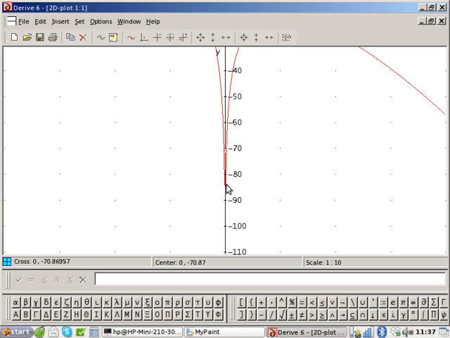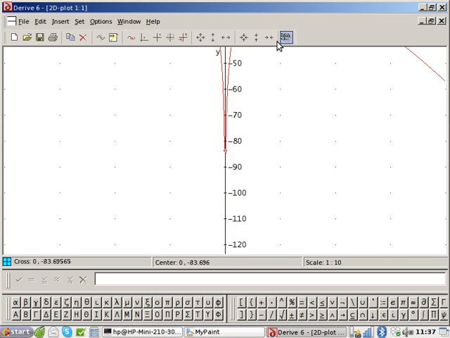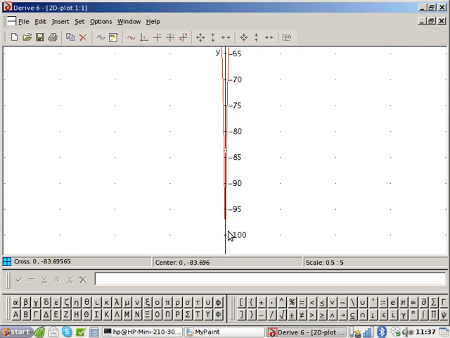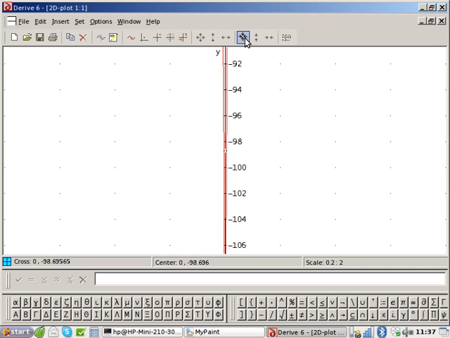It looks like it's at minus 85. So let's zoom in at that. Now it looks like it's at minus 100. So let's zoom in again. It's going further down. So what's happening? Why when I try to zoom in is it moving down?